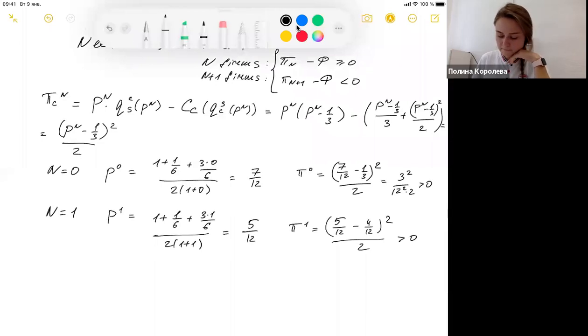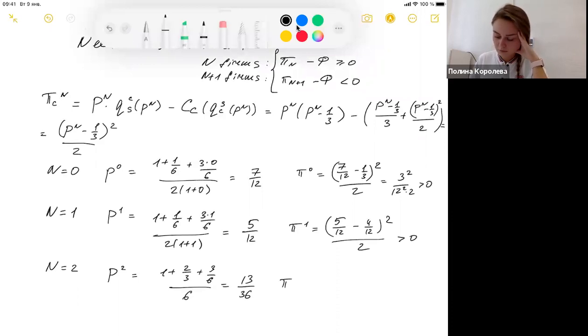Then, if the number of firms equals 2, the price if we have 2 competitive firms in the market will be 1 plus 2/3 plus 3/6, which is 13/36.